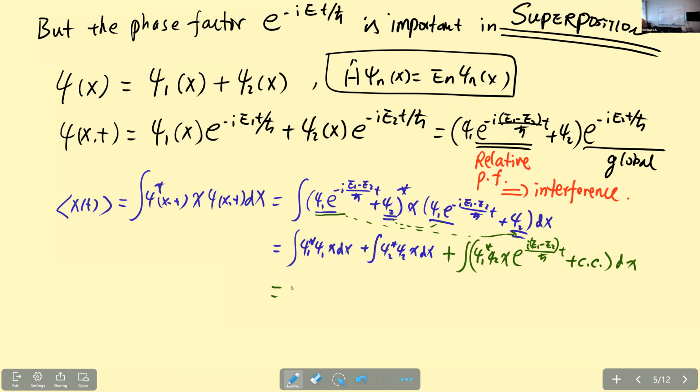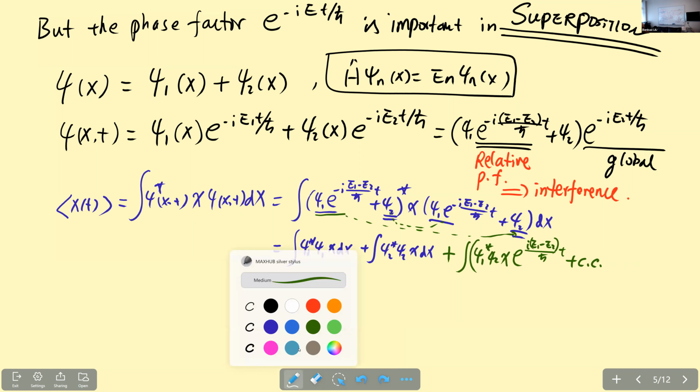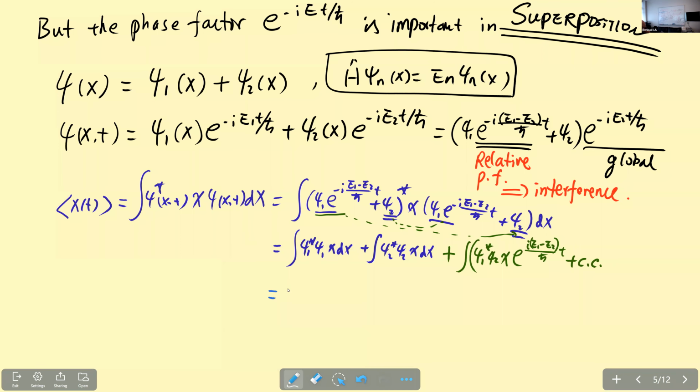And this one is, let's say, just psi 1. We just copy this one: psi 1 x dx plus psi 2 complex conjugate psi 2 x dx.